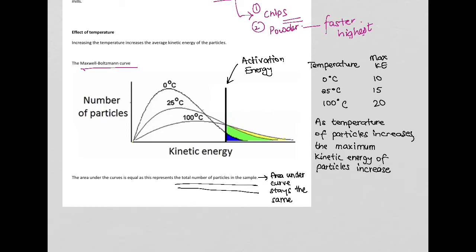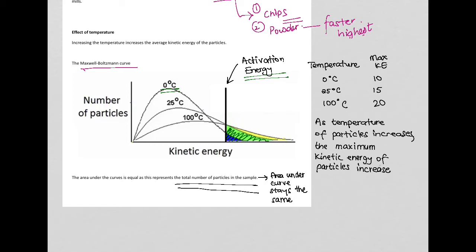Now, if you look at the area under the curve, the blue part here is the smallest. So here you have the smallest number of particles with energy greater than activation energy. The green part should have been the whole thing here, and you can see that this area is more than the blue area. So the area under the curve above activation energy is going to be more when temperature increases.